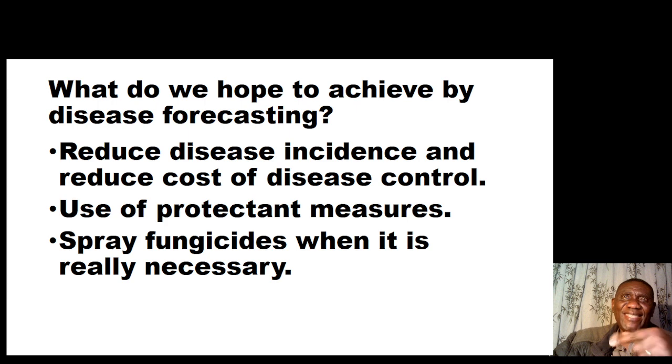If we know that the disease is not coming, then there's no need to go about spraying fungicides. So we can only spray fungicides when it is really necessary, or we can use protective measures.